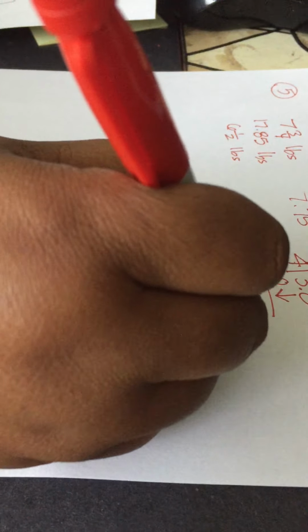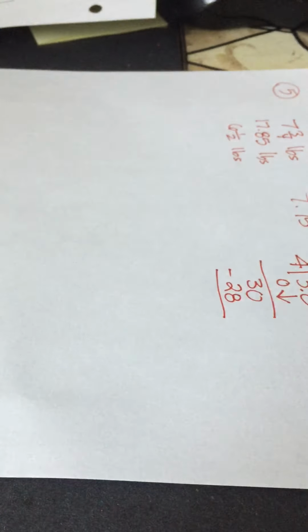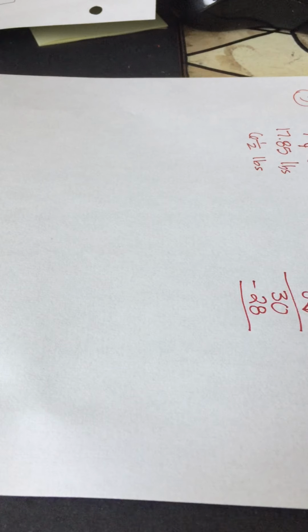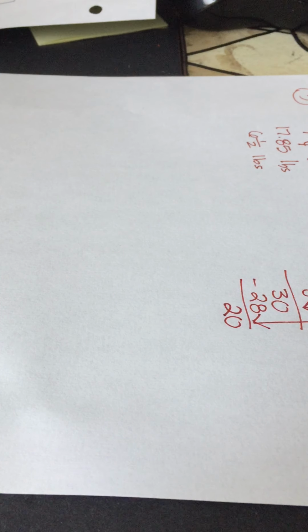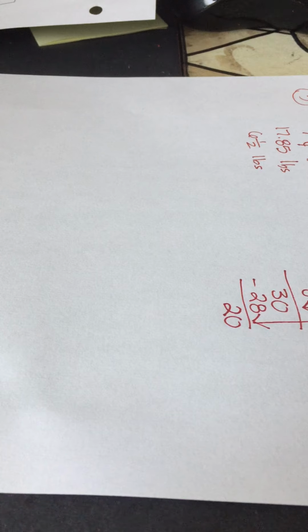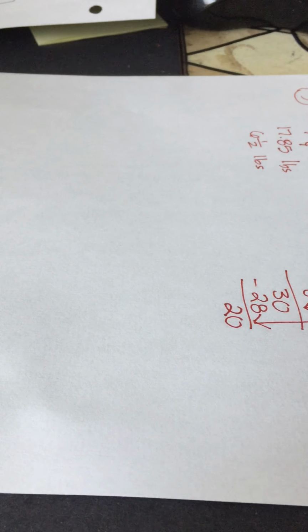So that's 28. If I take the difference between 30 and 28, my answer would be 2. And then bring down that 0, that imaginary 0 there, that placeholder. How many times will 4 go into 20? It will go 5 times. So that is how you physically convert that fraction into a decimal. So that is 7.75 pounds.